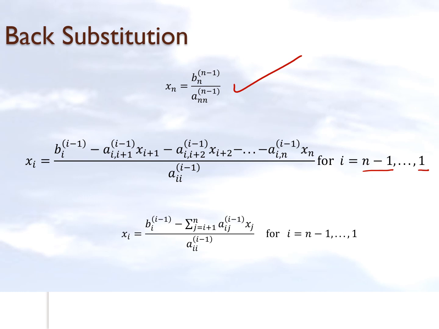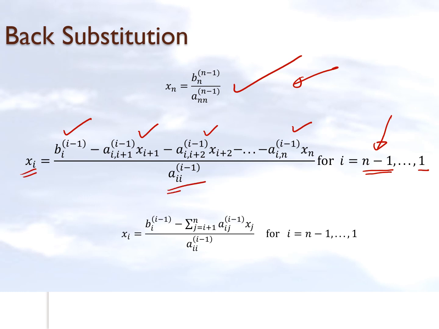What's important to realize is that you are first finding xn, then the next one you will be finding is xn minus 1, then xn minus 2, and x1 will be the last one which you will find. This is the right hand side, and you subtract whatever you have to subtract in order to find xi.